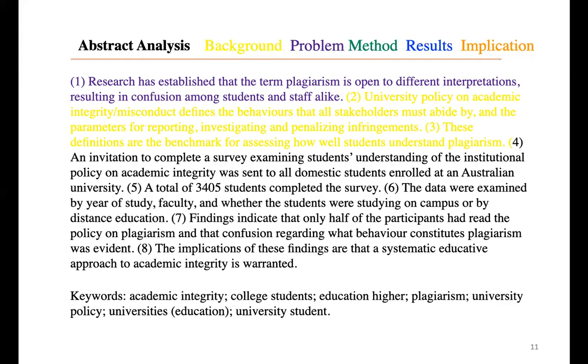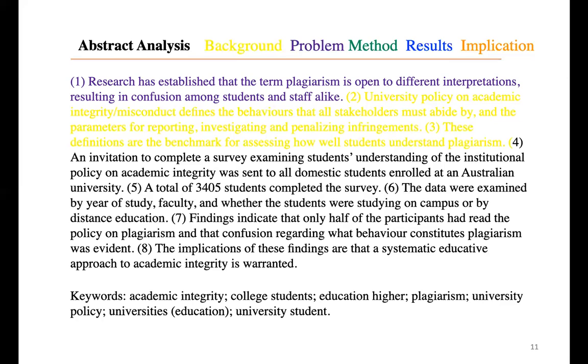So now let's look at sentence 4. An invitation to complete a survey examining students' understanding of the institutional policy on academic integrity was sent to all domestic students enrolled at an Australian university. So see, there is a survey. So this is the method. And sentence 5: a total of 3,405 students completed the survey.